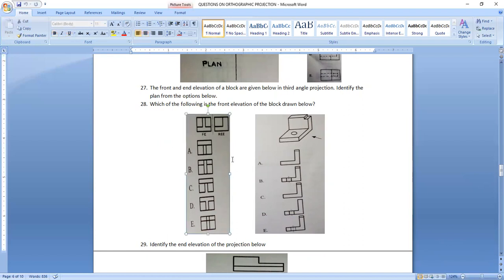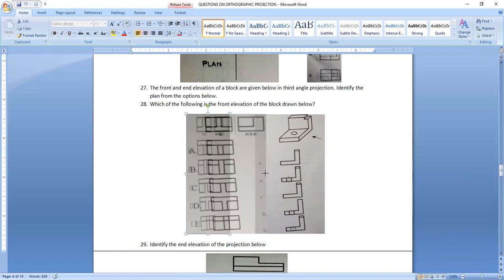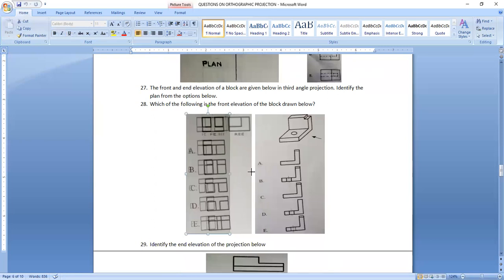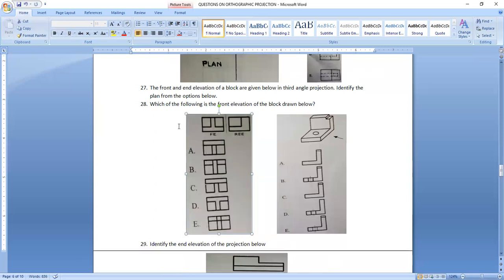They give us the front elevation, and they also give us the end elevation. They want us to choose the plan among what we have here.